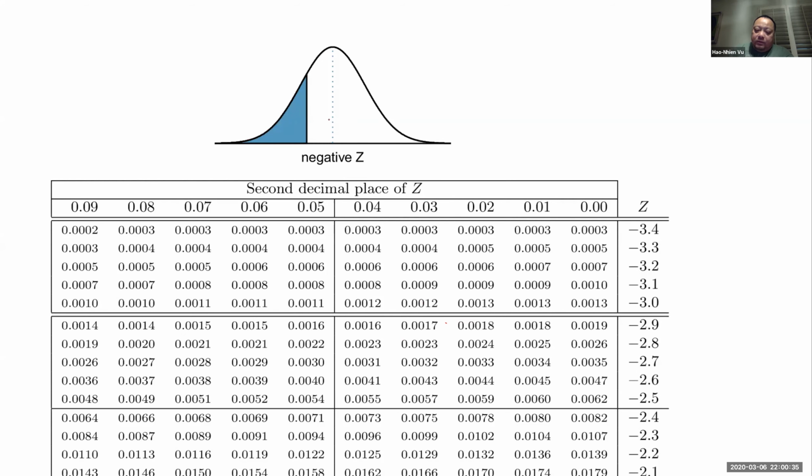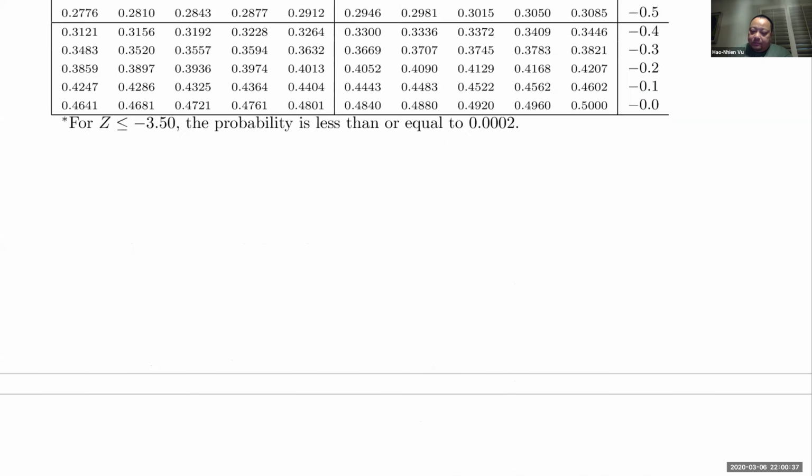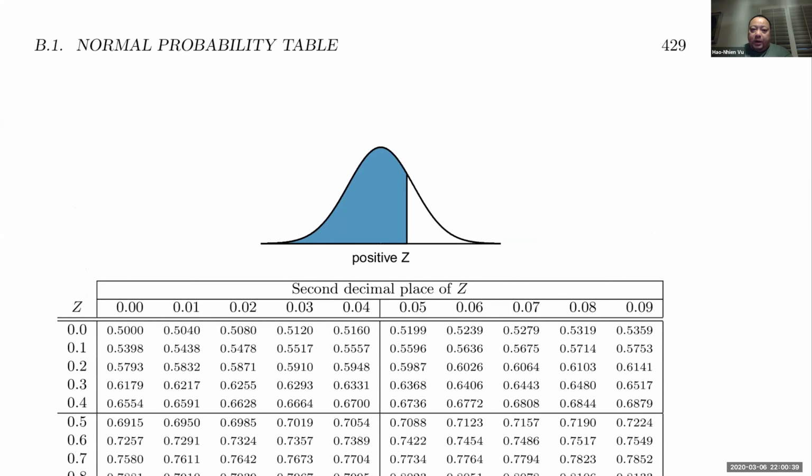And it's the same thing for the positive side. For the positive side, here's the z, and what we get is the complete area to the left of that z. So in other words, if you're going to use this table, you need to make your diagram the same as the diagram for the table, which is the area to the left of z has to be all of it.